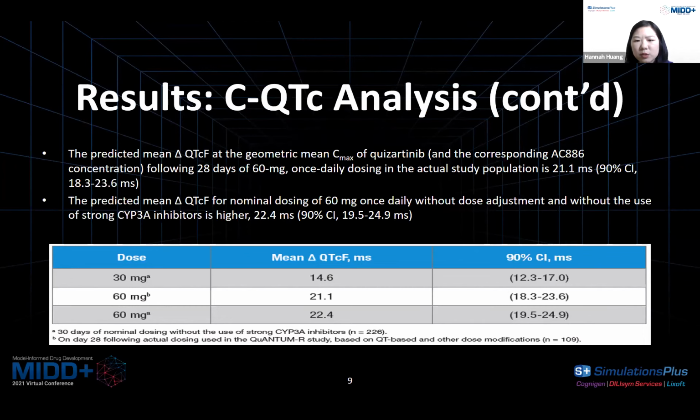These dosing scenarios included hypothetical scenarios of patients following 30 or 60 milligram daily dosing, corresponding to the first and the third lines in the table, and actual patients that followed the highest dosing regimen throughout the study, which is 60 milligram daily dosing of quizartinib, listed in the second line of the table.